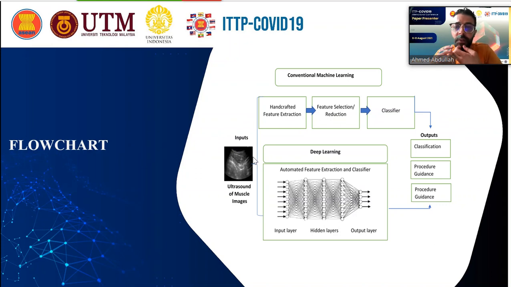this is my flowchart: conventional machine learning and deep learning. First, the input is an ultrasound muscle image. The conventional machine learning included handcrafted feature extraction, then feature selection and reduction, then classification. Finally, it outputs classification, procedure, guidance.